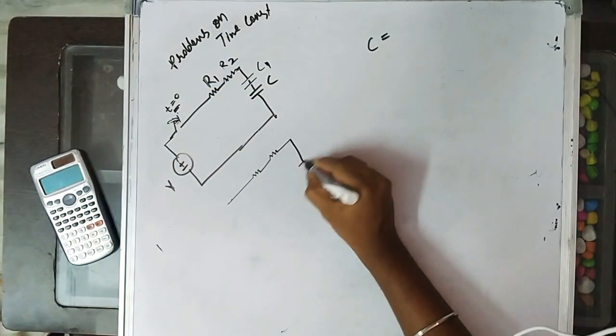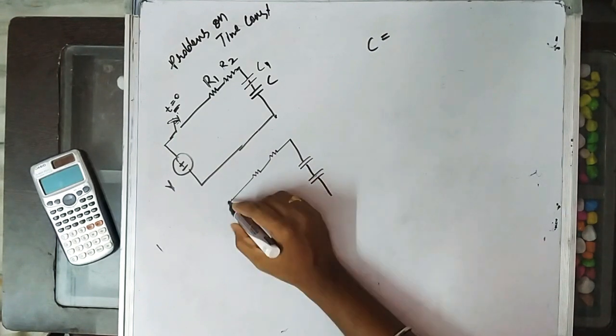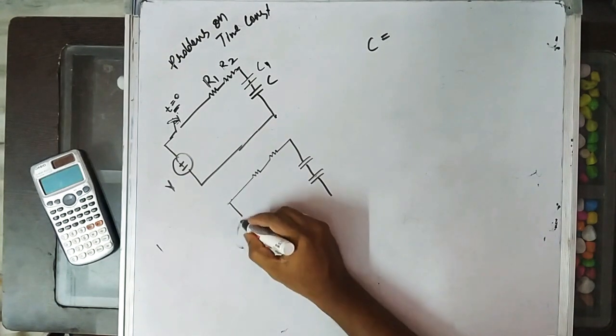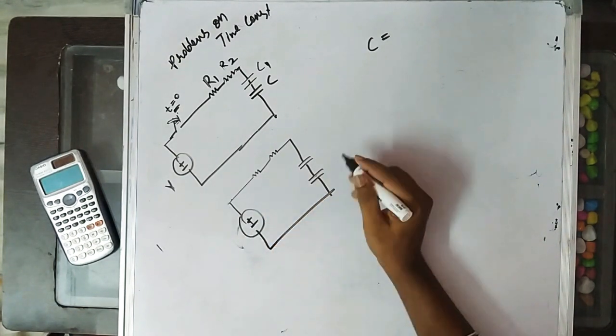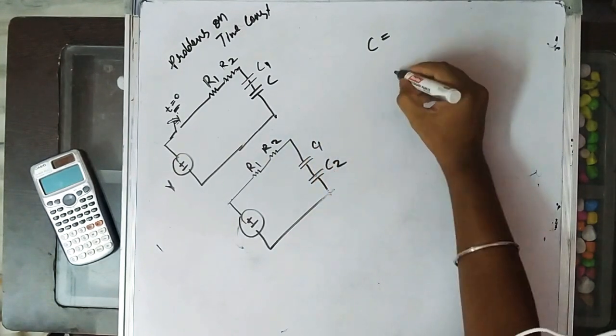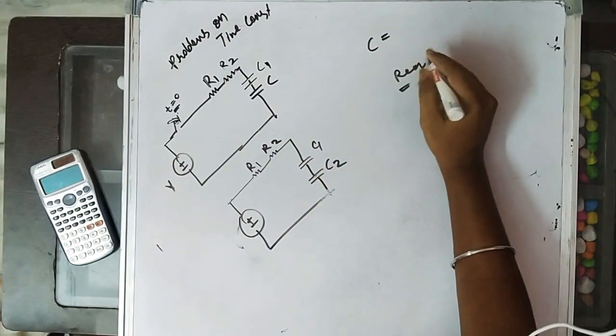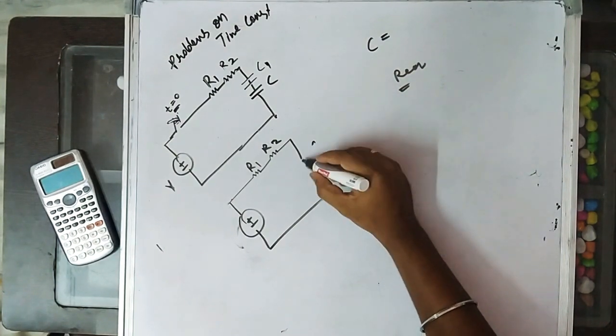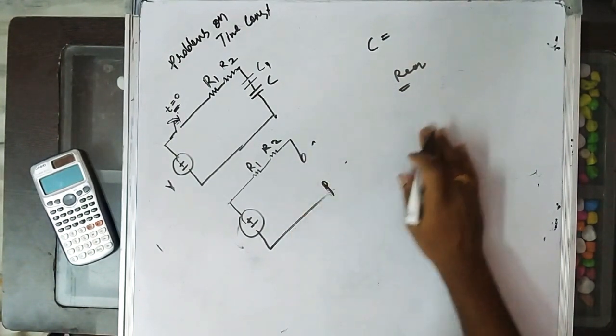At steady state, the operation depends on the value of the time constant. This is R1 and this is R2, C1, C2. For finding R equivalent, you have to remove these terminals, and it looks like this.